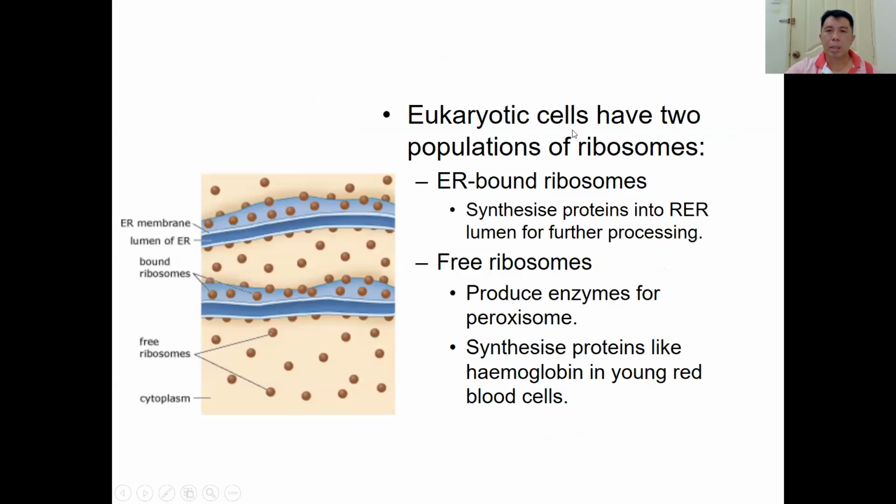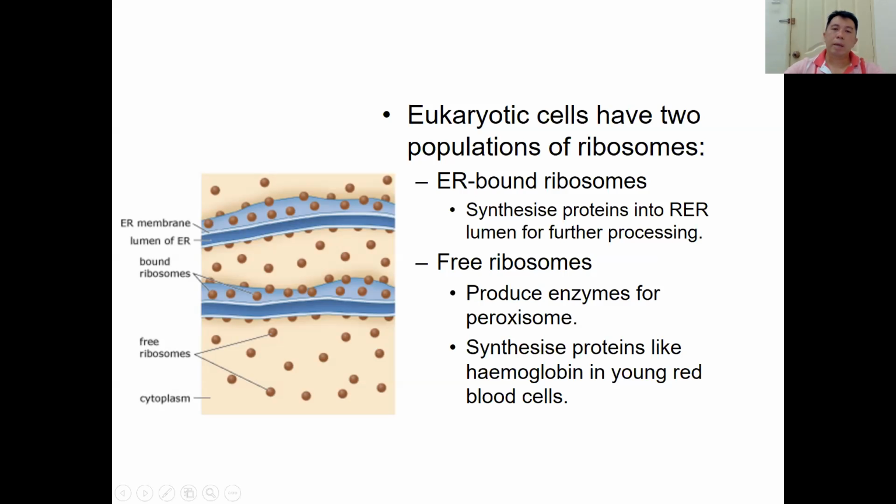Eukaryotic cells have two populations of ribosomes, even though we say we have an 80S ribosome. One is the ribosome bound to the endoplasmic reticulum. The other is the ribosome freely suspended in the cytosol.